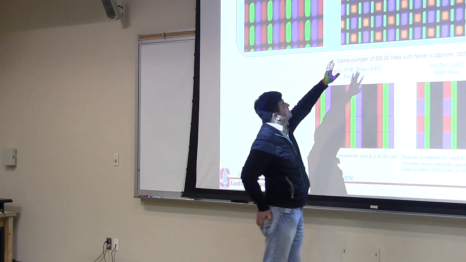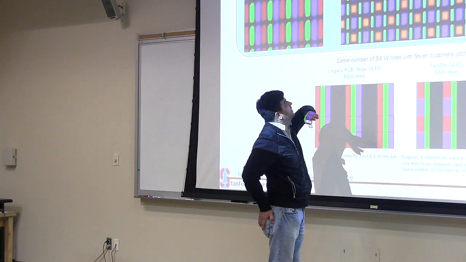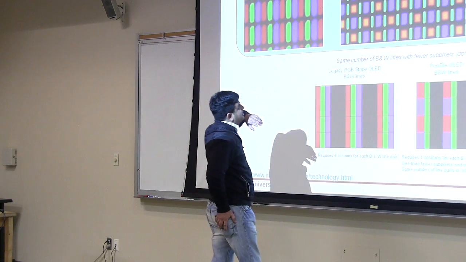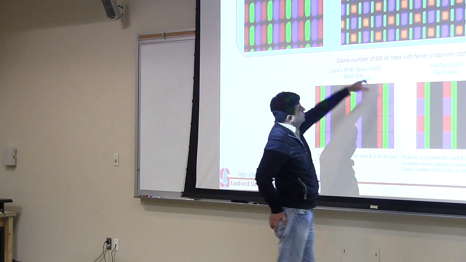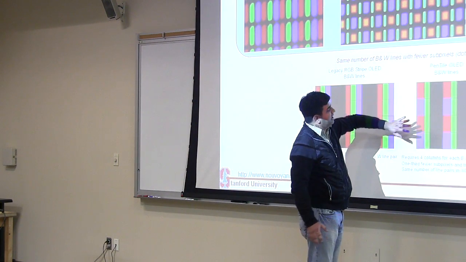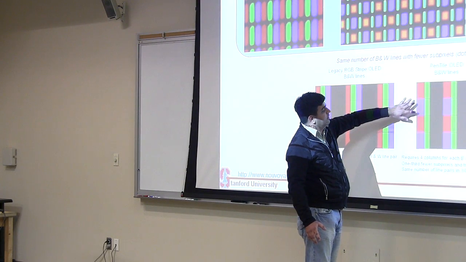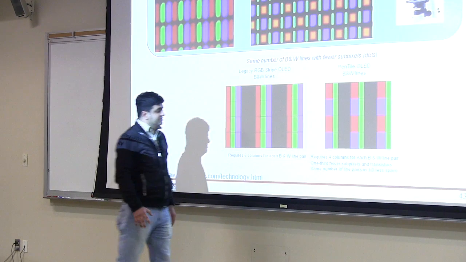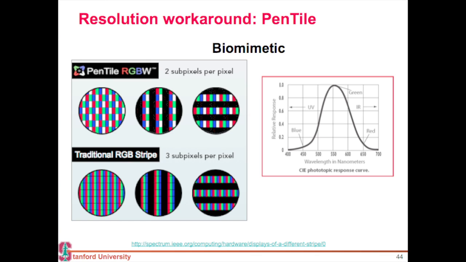What Samsung does for their OLEDs is use this thing called PenTile technology. It was developed by a company here in Cupertino. They bring the pixels much closer, but they only have half the number of blue and red, and twice the number of greens. They leverage the fact that our human eye is much more sensitive to green, so it makes sense to have many more green pixels.